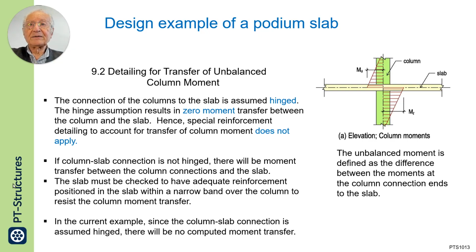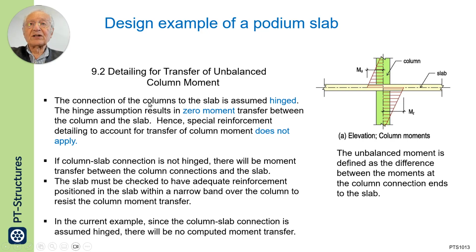For detailing, one of them is the requirement of ACI for transfer of unbalanced column moment. ACI says if the column moment from the top is this, from the bottom is this, and there is a difference between the moment at the top connection and the moment at the bottom connection, this difference obviously has to be resisted by the slab.